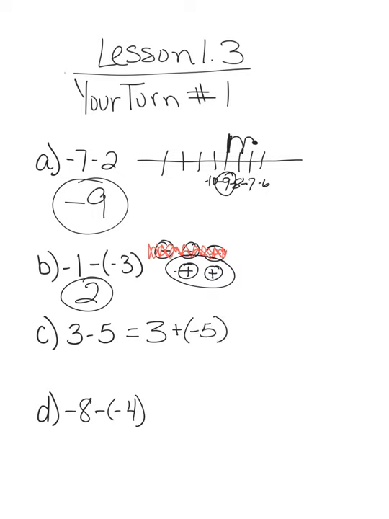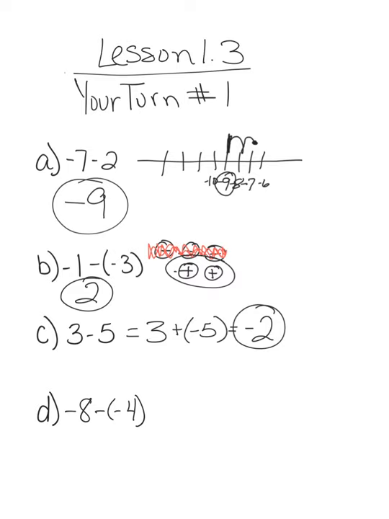So the equivalent problem here is 3 plus -5. I know that -5 has the greater absolute value than the positive 3, so my answer is a negative, and then I simply subtract the absolute values to get 2. So my answer is -2.